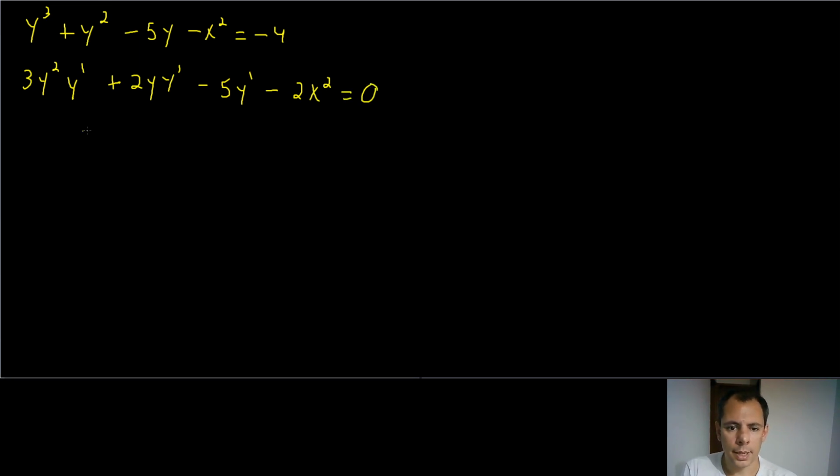Alright? Now you got to collect these terms here. So let's just make the y prime, and you got to factor out, right? So you got a 3y squared plus 2y minus 5 equals, I'm going to pass this over here with an inverted sign, so equals 2x squared. And then you pass this thing here, dividing.